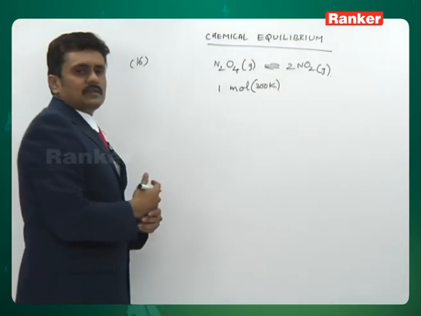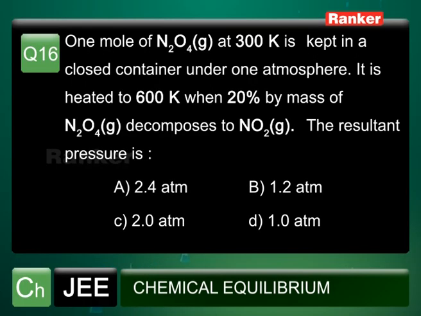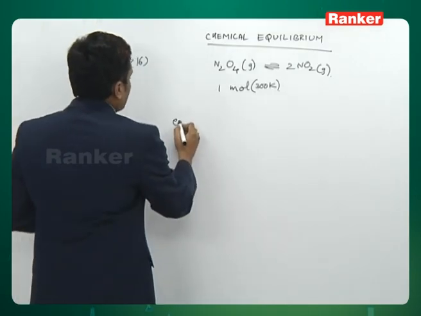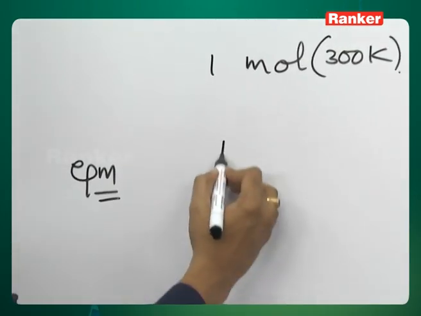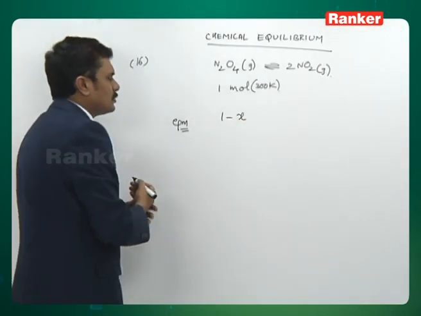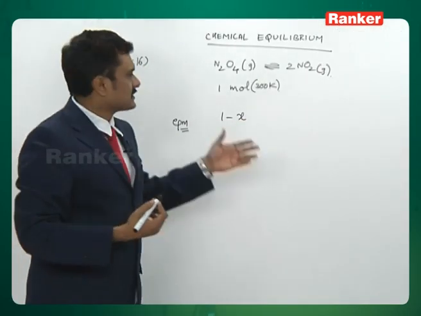So now I consider this equilibrium to be taking place at 600 Kelvin, because you have been given that at 600 Kelvin it is dissociating to produce 20% by mass of NO2 gas. Now when I consider the equilibrium, suppose some x moles of N2O4 have dissociated, which are present at 300 Kelvin.